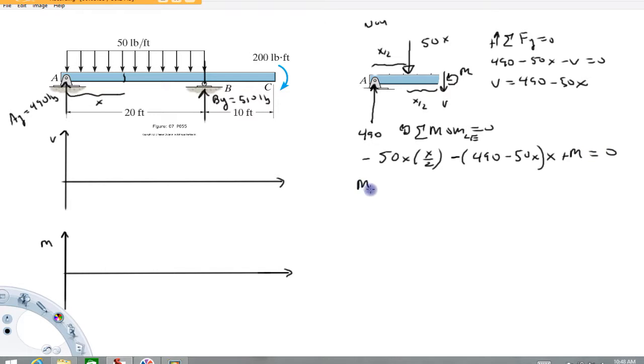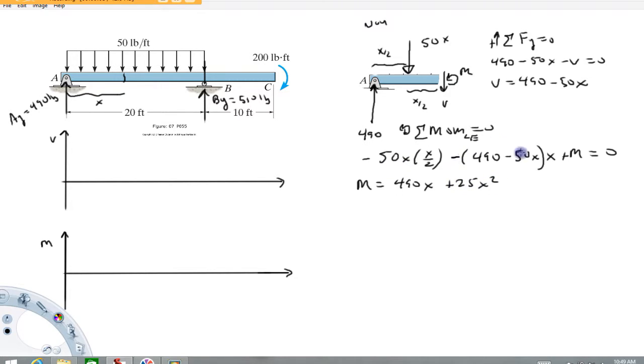So our internal moment is going to equal, let's see, being kind of careful here. Let's talk linear terms first. Here's a linear term, minus 490x. If you add that to the right, we're going to have plus 490x. Here is a minus 25x squared. I'm going to go ahead and just add that to the right and call that plus 25x squared.